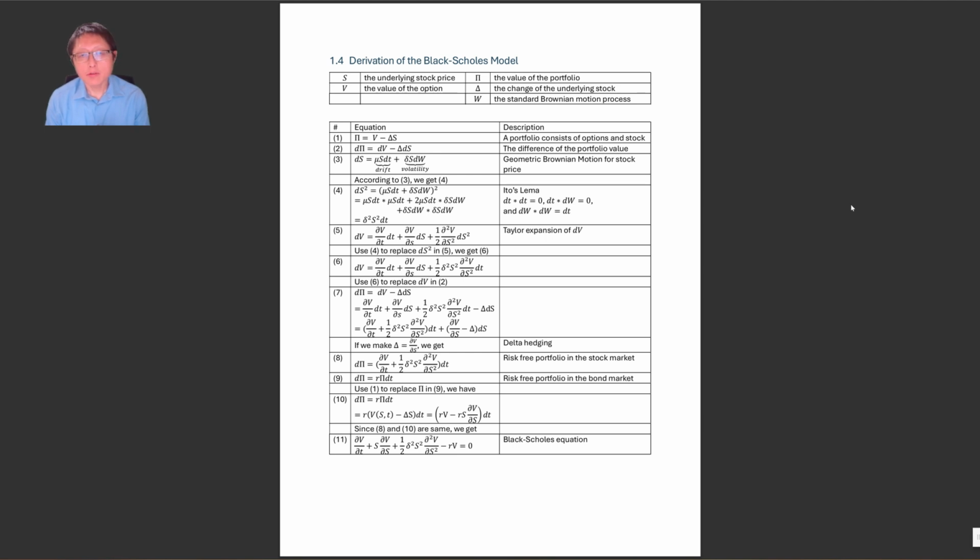I don't have a financial background, but I did know some basic ideas of probability, a little bit of stochastic process and a little bit of calculus. That gave me a little foundation to go through the derivation of this Black-Scholes equation.